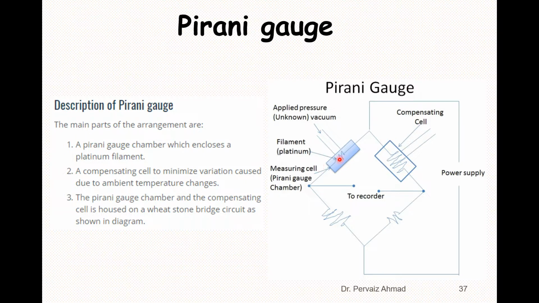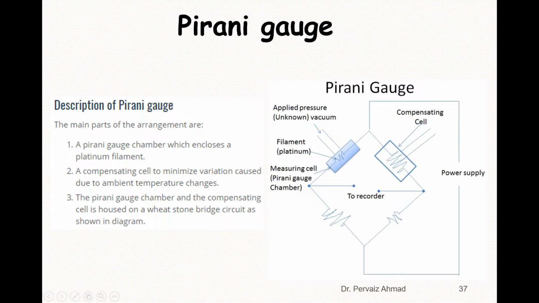You can see it here. You have studied the electronics course, so you can easily understand the structure. These two housings, the gauge chamber and the compensating cell, are housed in a Wheatstone bridge.